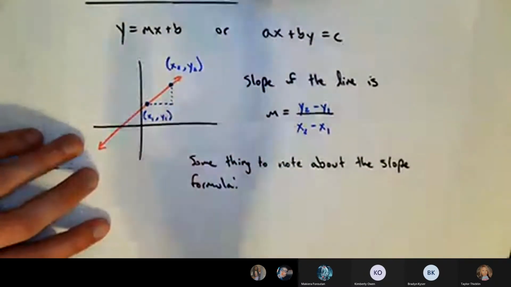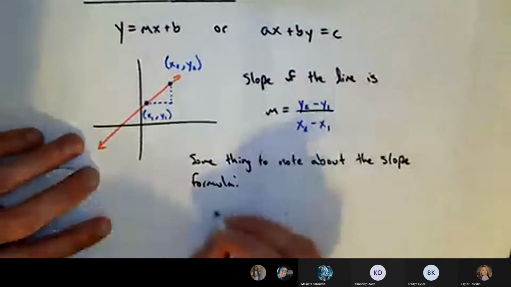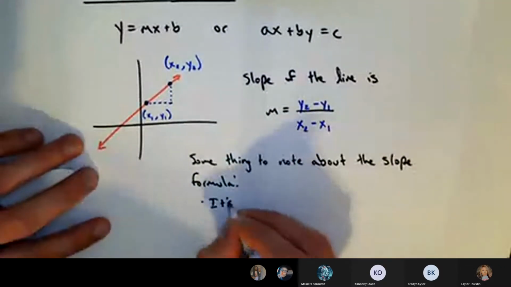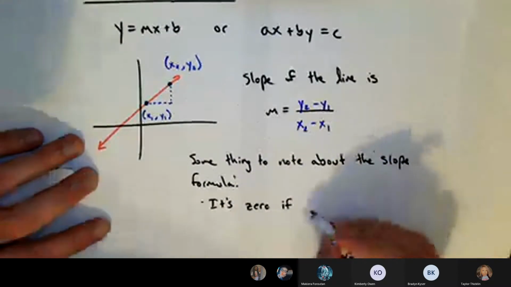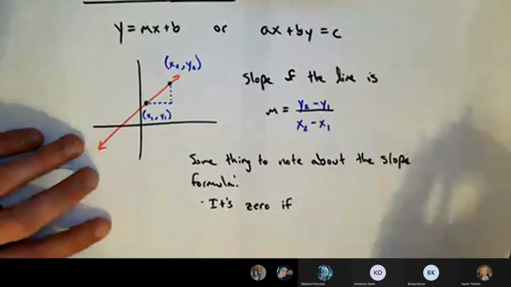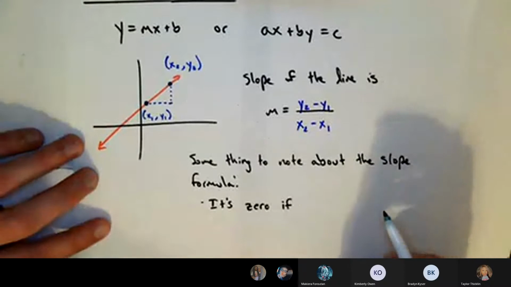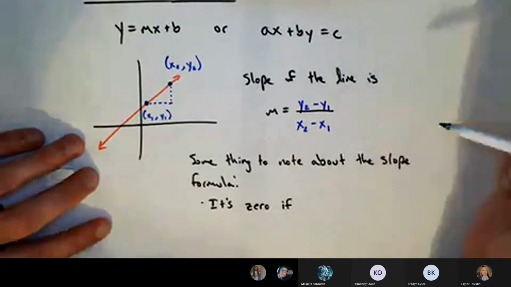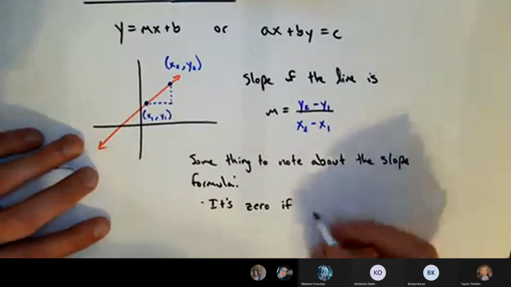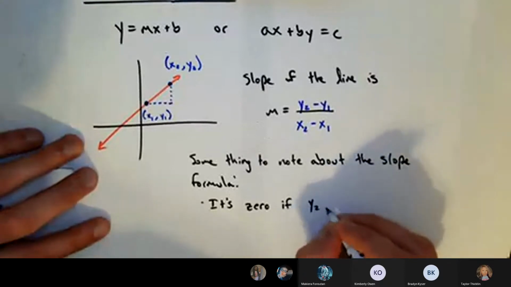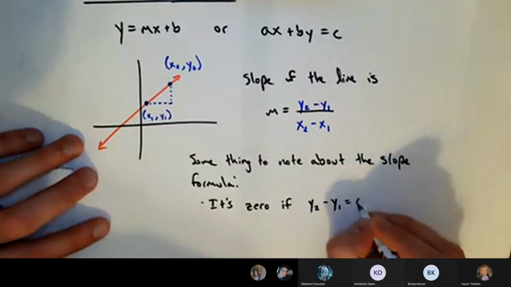First of all, it's equal to 0 if the top is 0, right? That's how a fraction works. If the top is 0, like 0 over 5 or something like that, then the entire fraction is 0. So it's 0 if that top, y2 minus y1, is equal to 0.